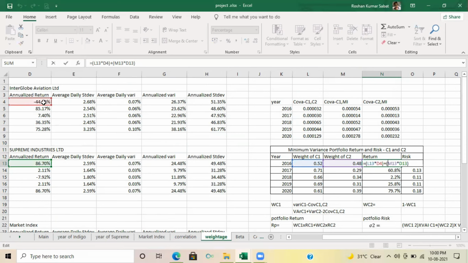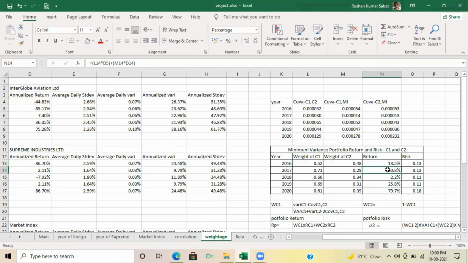The weight of C1 into the return RC1 plus the weight of C2 into the return of C2. This will give you the return. I just converted it into a percentage by using this. Don't worry if you don't get it, I can show you.